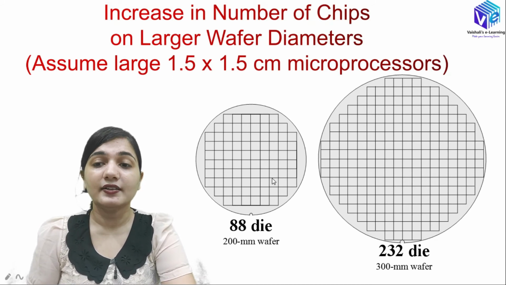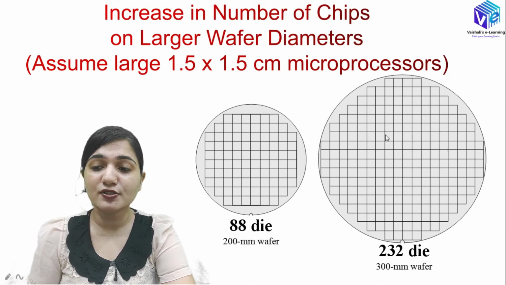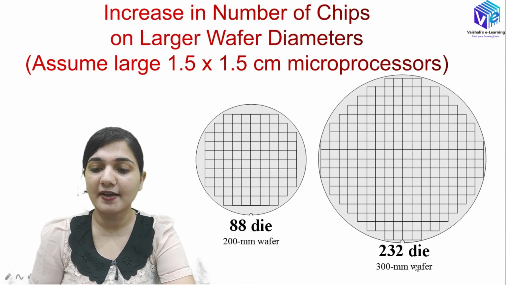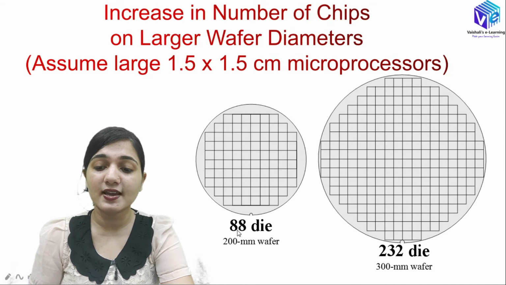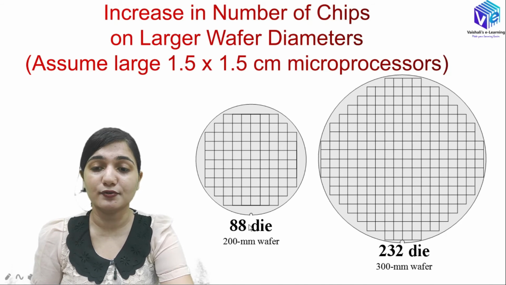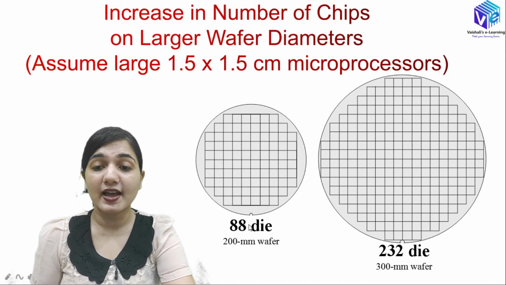If I have larger wafer dimensions, as you can see here, in the 300 mm wafer we can make 232 dies, and if I have a lower wafer dimension we can have a lesser number of chips. You can see we have 200 mm wafers, and in that I am making only 88 dies. This is how we have a larger number of chips produced from a bigger wafer.